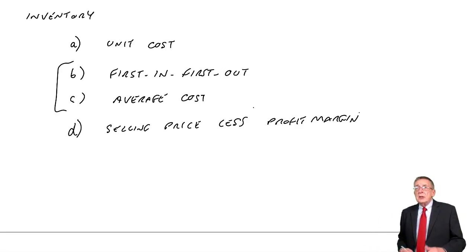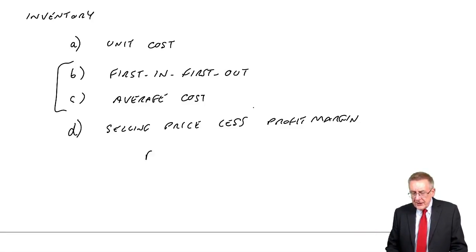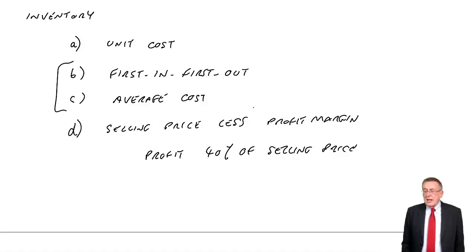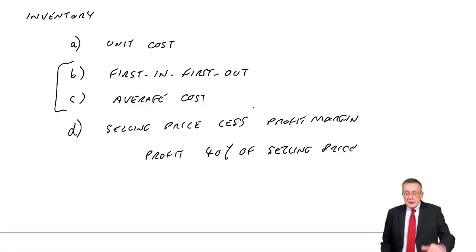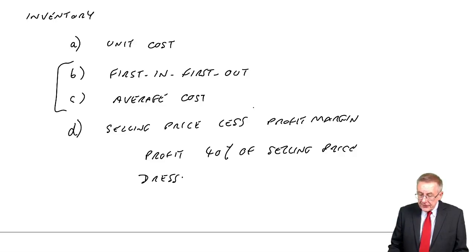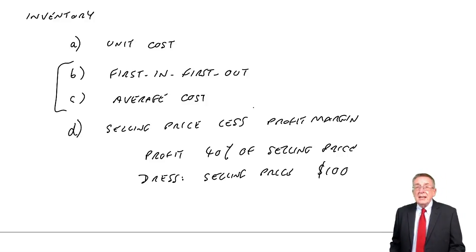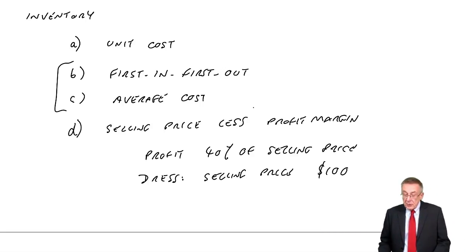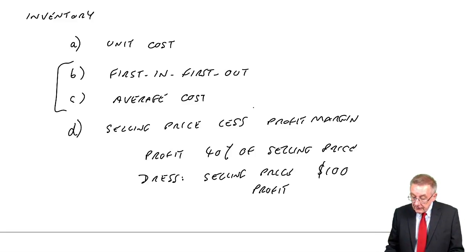But maybe if I told you that the store overall makes a profit of 40% of selling price, then if we came to one dress and the selling price marked on it was 100, then since we make 40% profit, the profit on that dress would be 40, and that would mean the cost was 60.